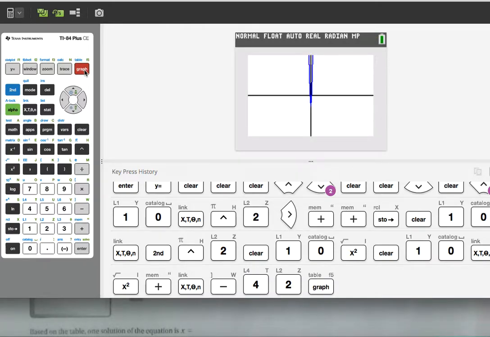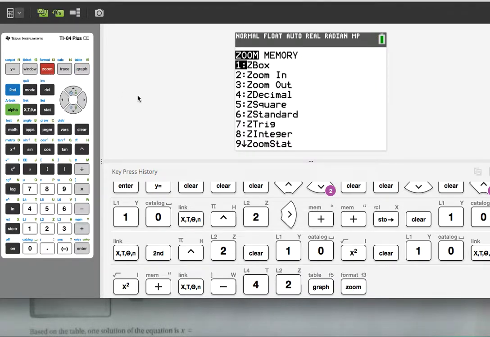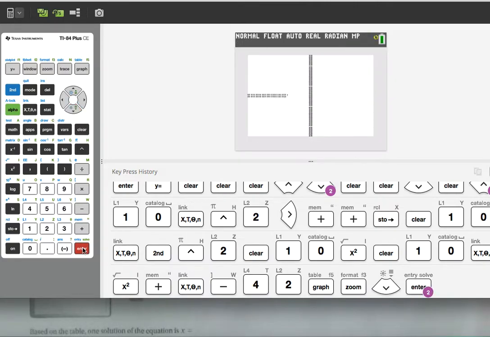So as we see here, we only have a little bit to work with. We could try to zoom in, which might help. So we can always zoom in to get a better picture of exactly what's going on. We see closely that we have two solutions here. We'll see if we can get closer to them.